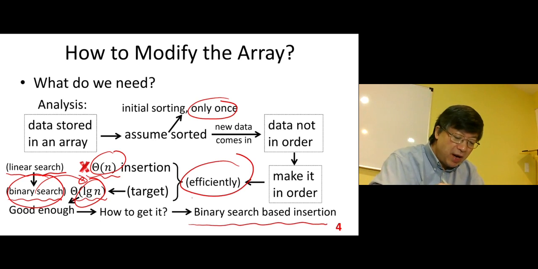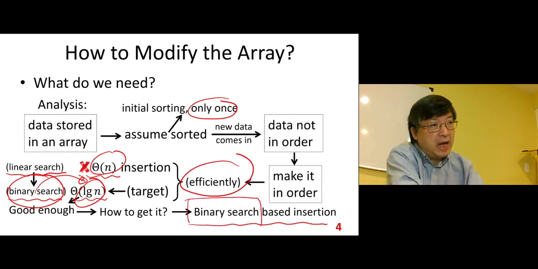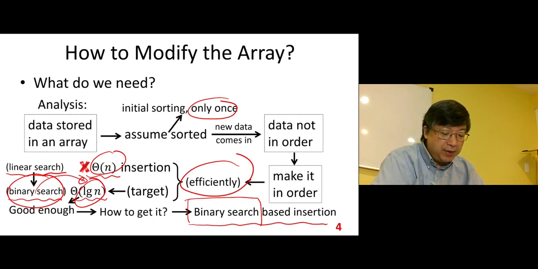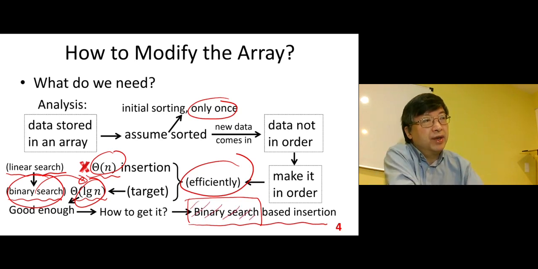This binary search is the key, so we try to go in this direction. Can we arrange our data to support binary search? That's the key step.